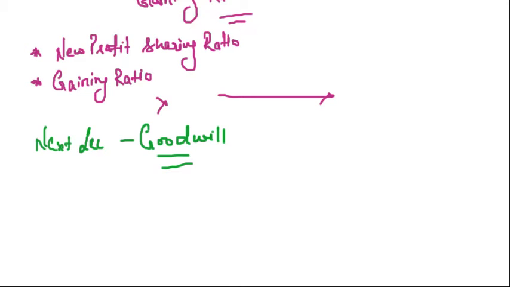I suggest that you go through the topic of goodwill and how we treat goodwill in change in profit sharing ratio and admission. If you can understand those topics, this retirement topic is going to be a very easy one for you.